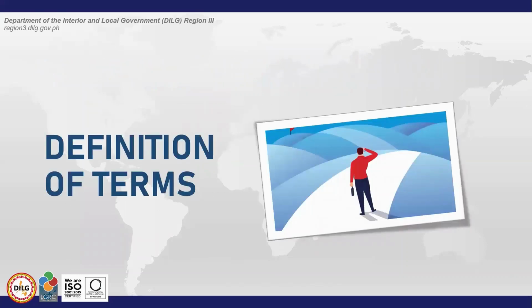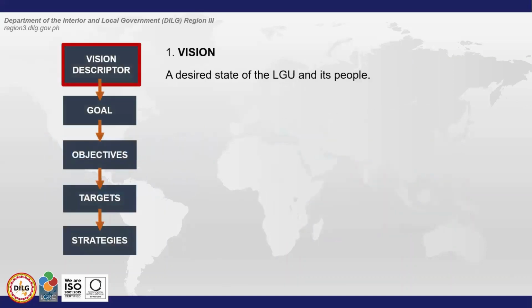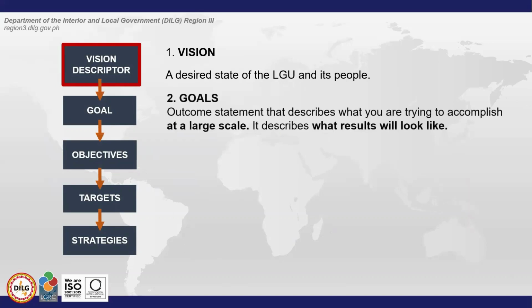Before I give you the examples of goals, objectives, targets, and strategies, let us first define them so we would not be confused, as some of them are very similar to each other. First, the vision is a desired state of the LGU and its people. Goals are outcome statements that describe what you're trying to accomplish at a large scale.